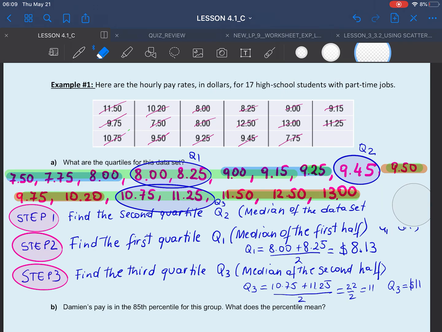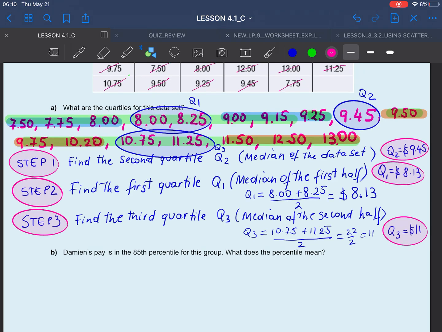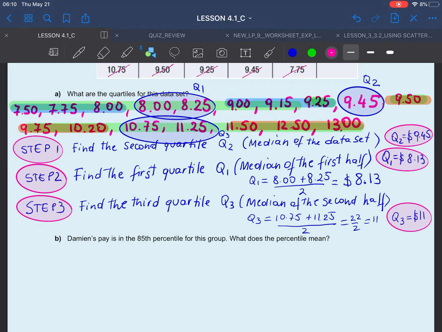We're talking about money here, right? So I'm going to do it with the other, too: $9.45, and $8.13 as well here. All right, so we found all the quartiles, and we're happy about it, aren't we? So there goes Q2, Q1, and then Q3.